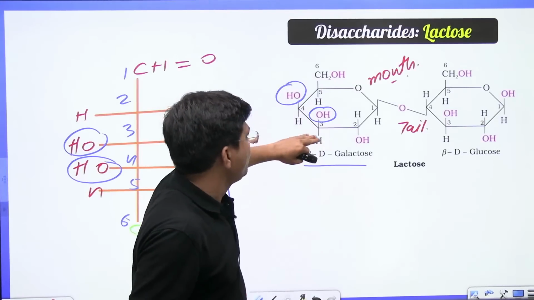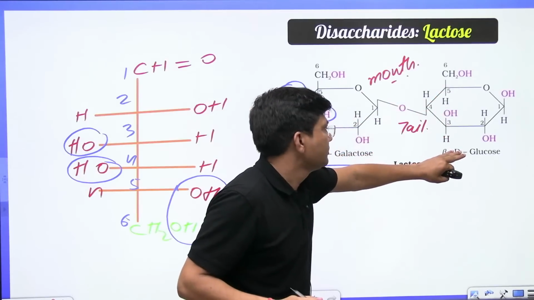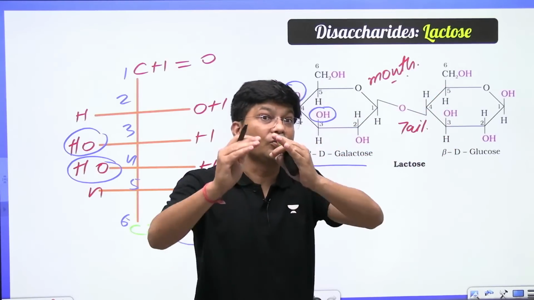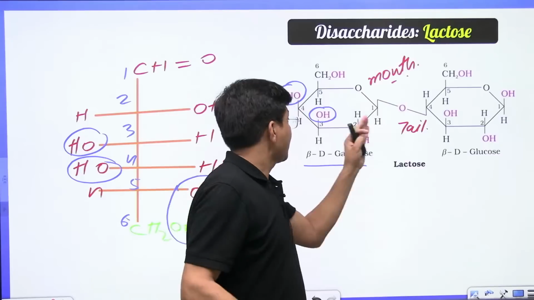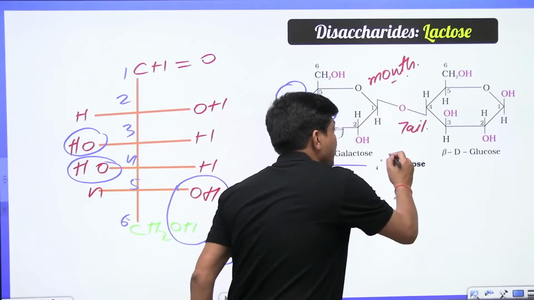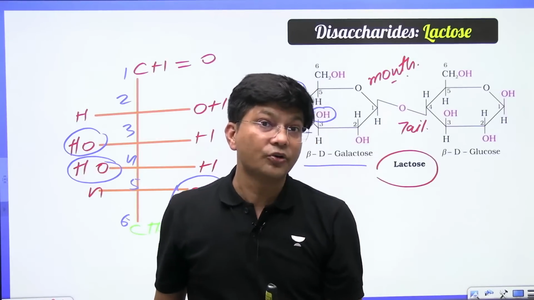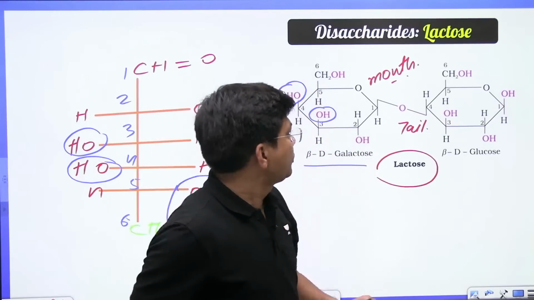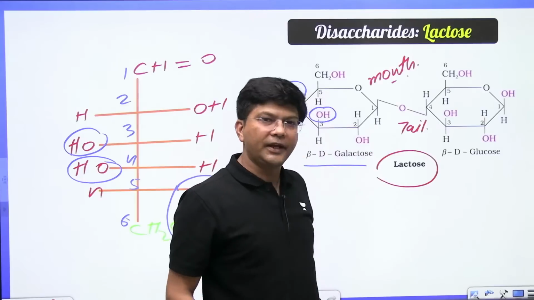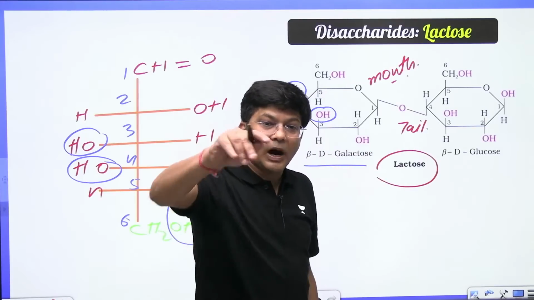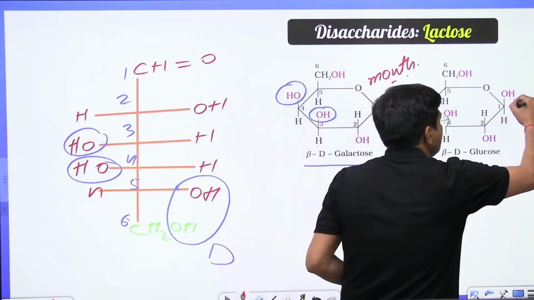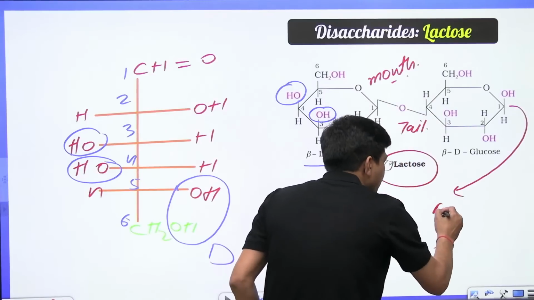This is galactose and that is glucose, beta D glucose and beta D galactose. Lactose is made up of beta D glucose and beta D galactose. Could you please help me out: anyone's mouth is free? Yes, this mouth is free.